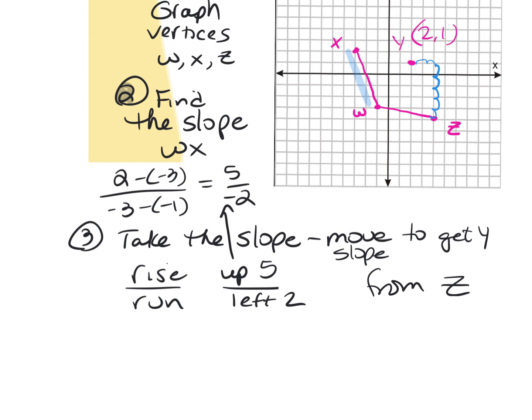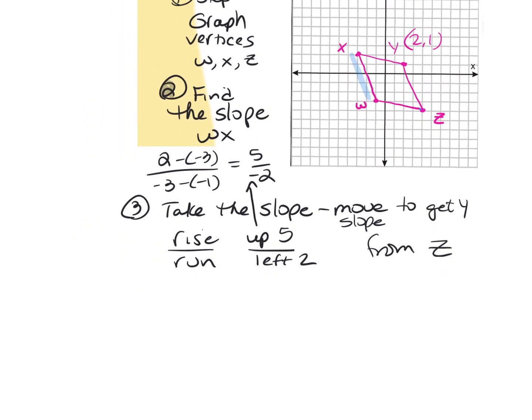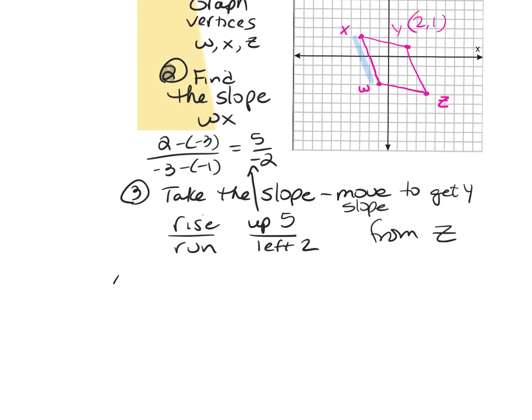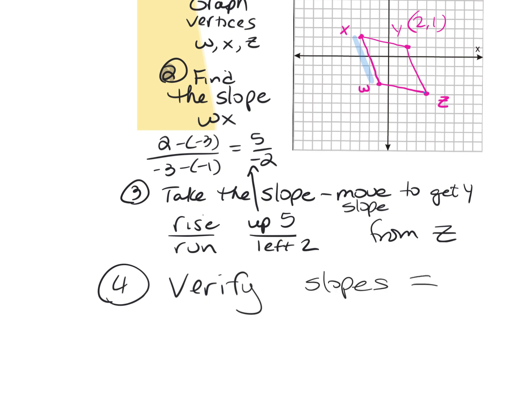So let me erase the blue. And if you connect the points now, this creates your parallelogram. Now, what we want to do for step 4 is verify that the slopes are equal.